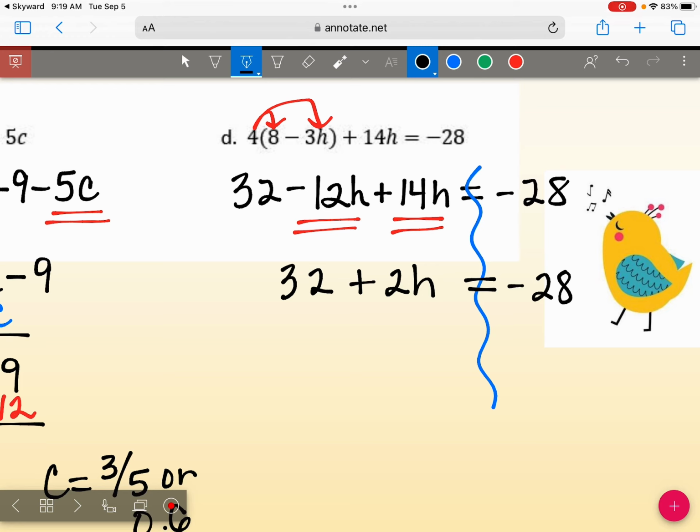All right, so now we need to move this 32 across the equation. It's positive, so the way to get rid of it would be to do what? How do I get rid of a positive number? Subtract it. Good. So in your calculator, type -28 minus 32.